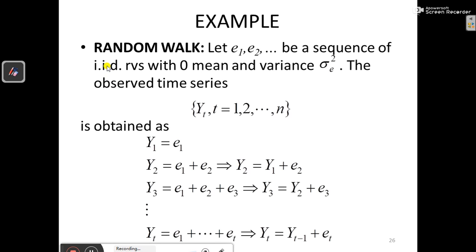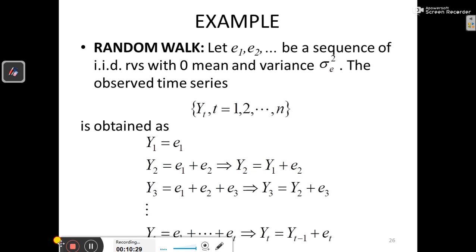Here you can see, let e1, e2, be a sequence of random variables with zero mean and variance sigma squared. The observed time series Yt, for t equal to 1, 2, and it will go on to n, is obtained as Y1 equal to e1 and Y2 equal to e1 plus e2, and that is, you can say Y2 equal to Y1 plus e2.